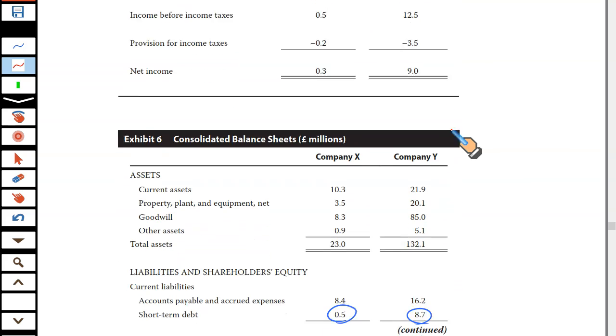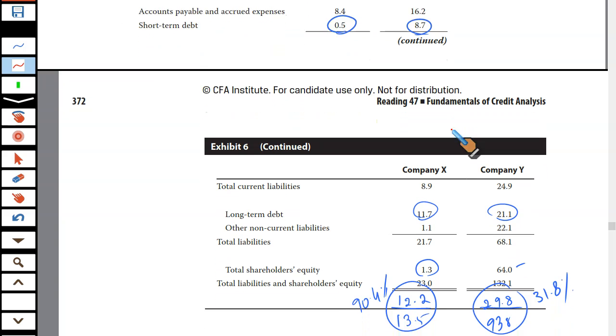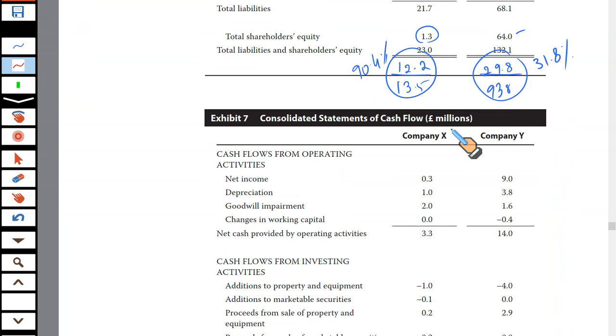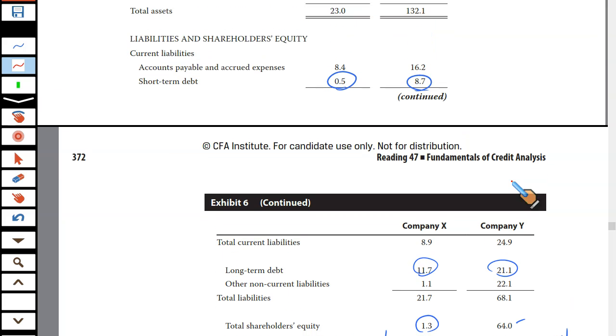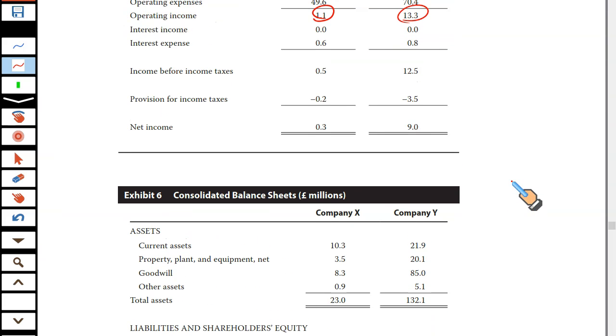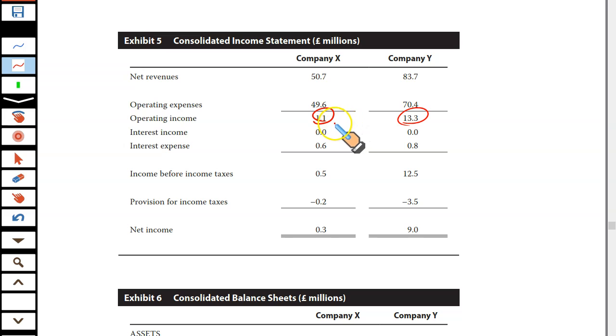Of course they would be given in the cash flow statement, and the cash flow statement is given right here. Depreciation for X is 1 and for Y 3.8. So adding these two will give us EBITDA: 1.1 plus 1, and 13.3 plus 3.8. So EBITDA for company X is 2.1, and for company Y it is 17.1.